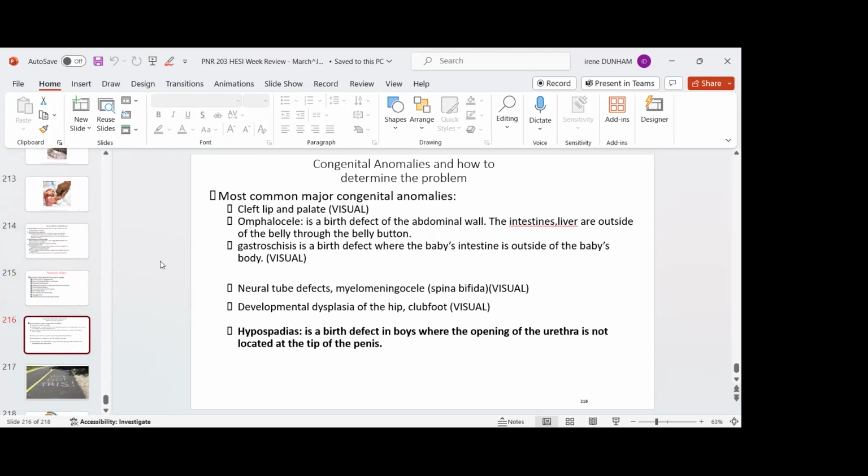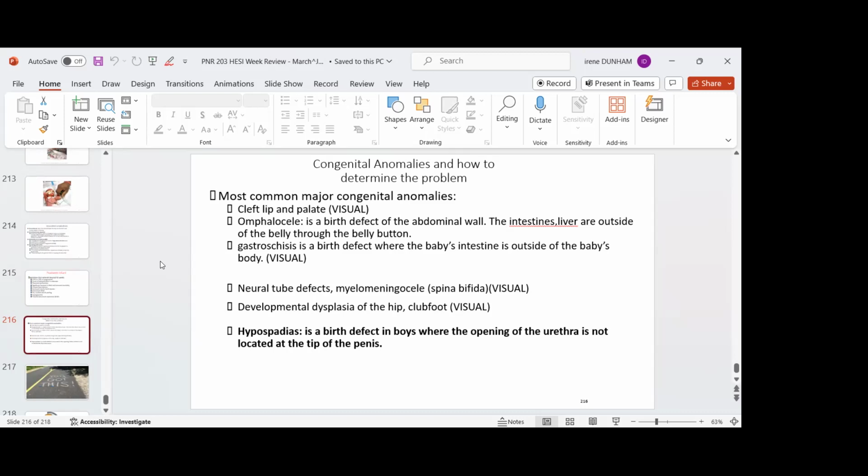What you see is a little tuft of hair on the sacrum. So you want to be looking at that. Developmental dysplasia of the hip, we can see. And the club foot, you can see. Let's see, cleft lip and cleft palate. Those are, again, congenital anomalies.